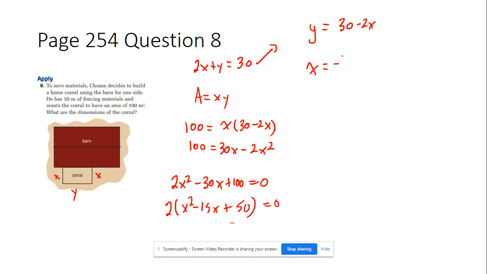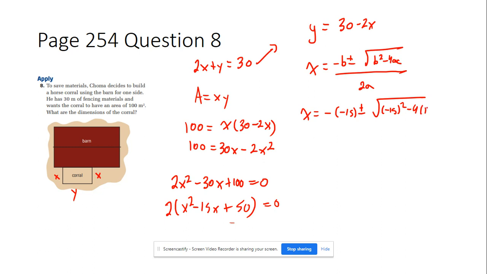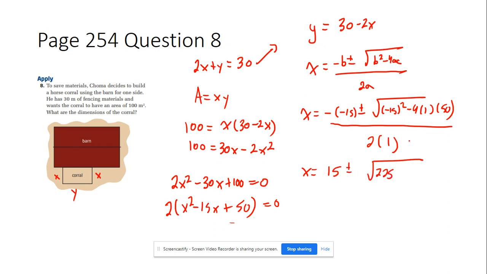So x equals negative b plus or minus the square root of b squared minus 4ac, over 2a. So x equals negative negative 15 plus or minus the square root of negative 15 squared minus 4 times 1 times 50, over 2 times 1. 15 squared is 225. 4 times 1 times 50 is 200.